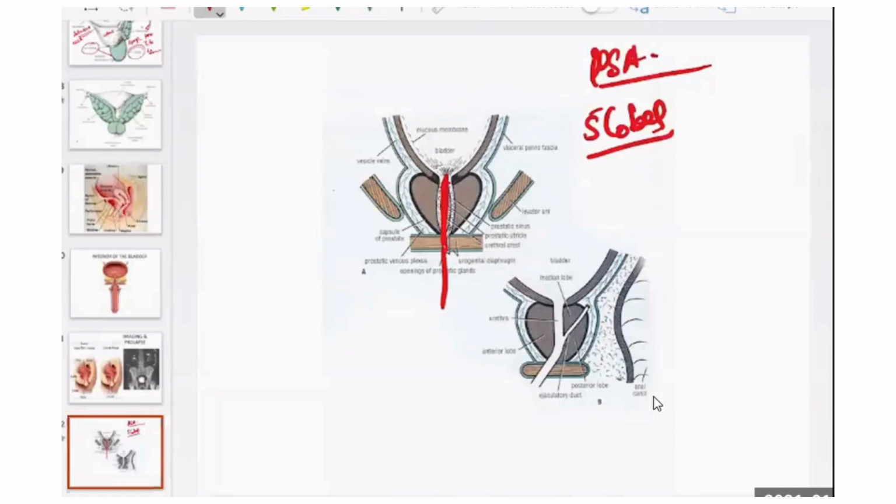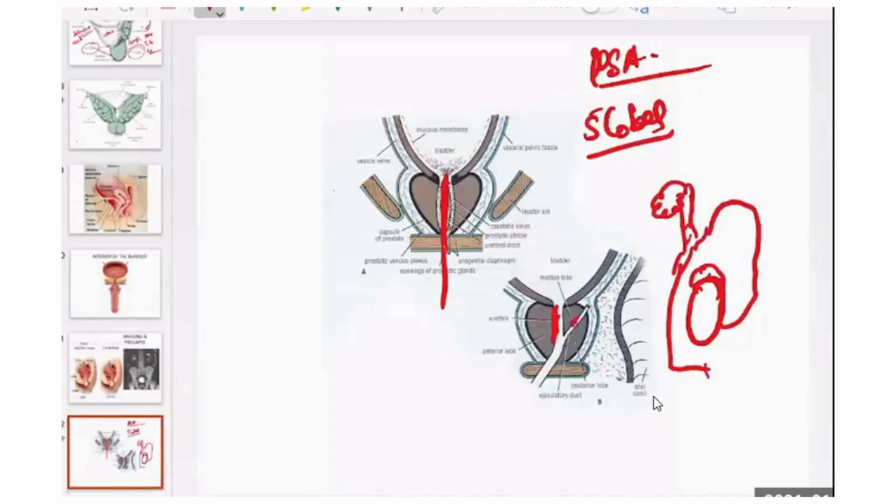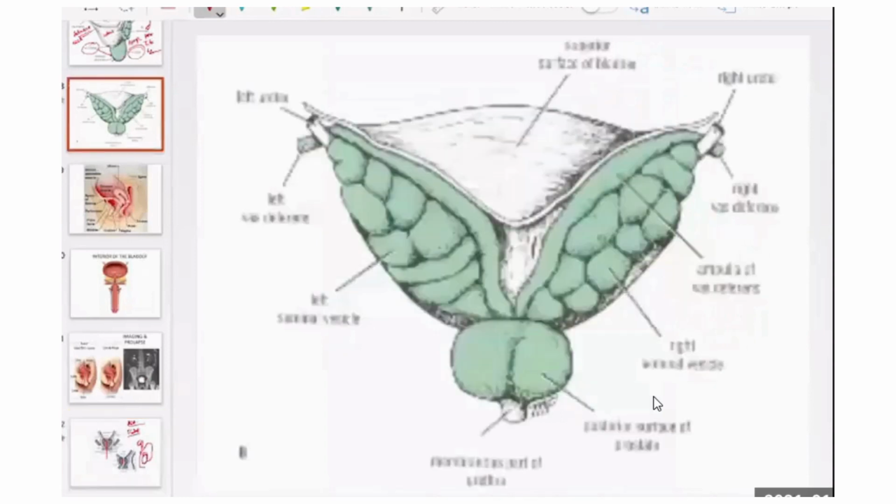And additionally, we already know from the testis, the epididymis is present. Then the seminal vesicle is present. I already told you that on the posterior surface you get the seminal vesicle.